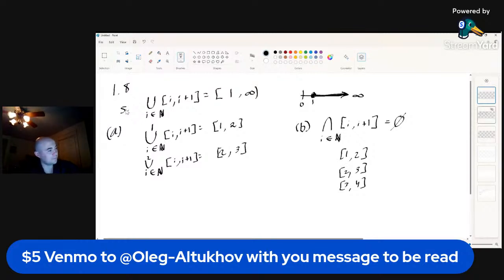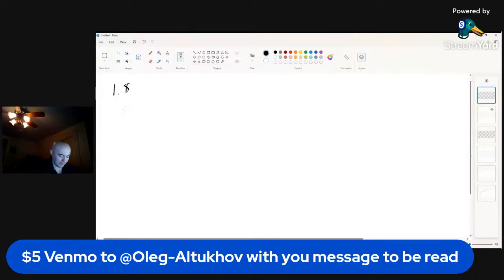All right, and 7. The union of the reals cross multiplication [i, i+1], the closed set, where i contains the naturals.